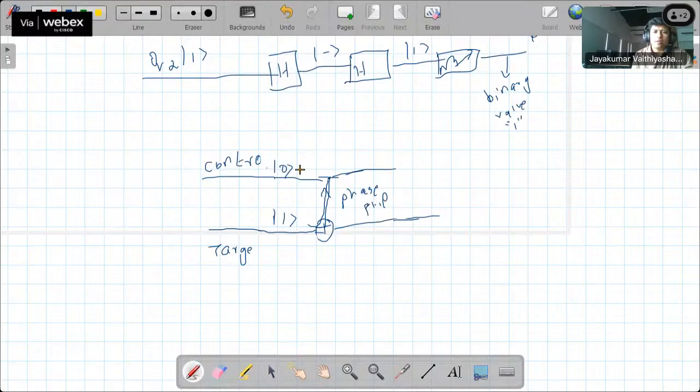So here you will get a minus sign. So that is called phase kickback.